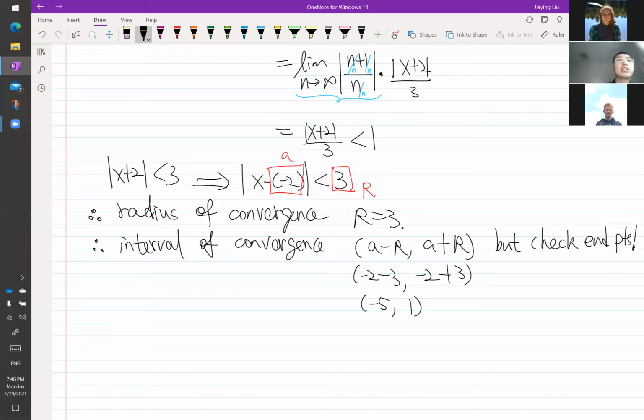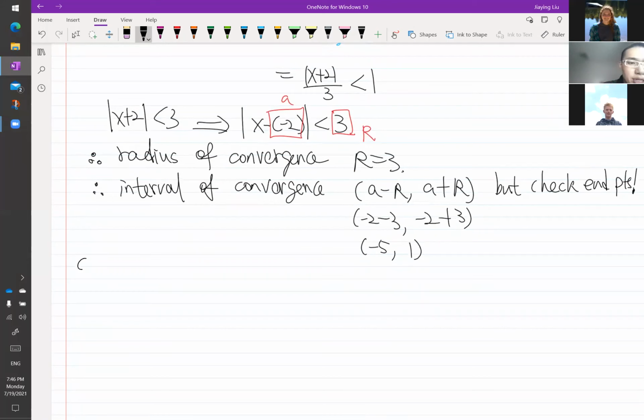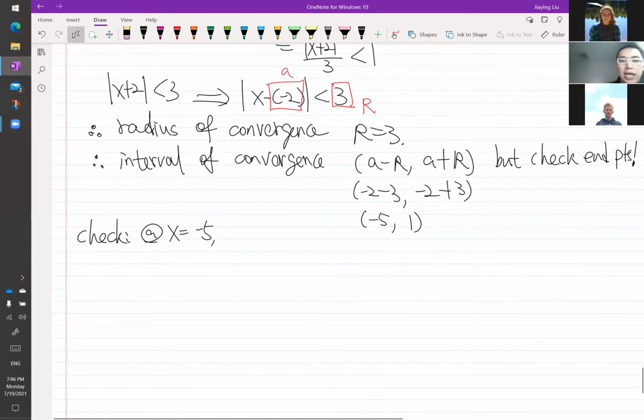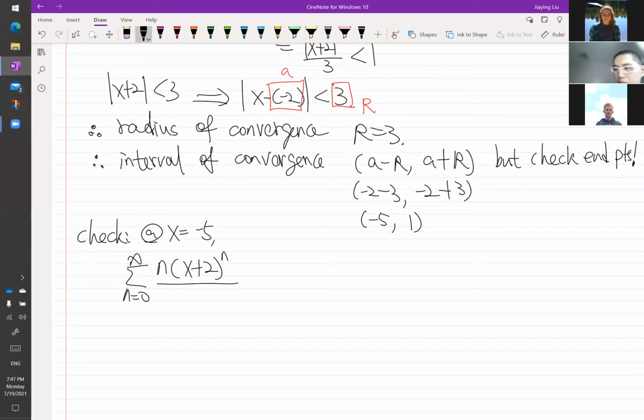In the middle is definitely going to be convergent, but what about -5 and 1? So that's what we have to check next. So check at x equals -5, is it going to be convergent? I don't know, let's plug it in, right? The series I had was sigma n from 0 to infinity, n times (x plus 2) to the n divided by 3 to the n plus 1.